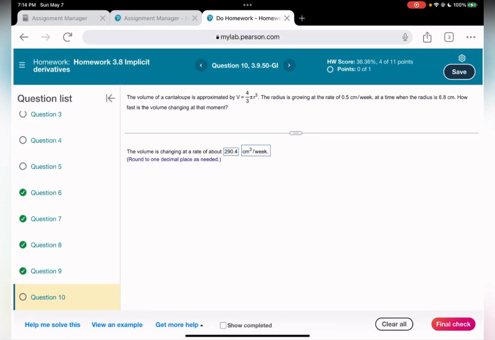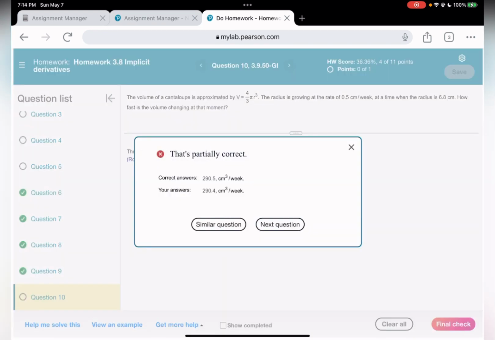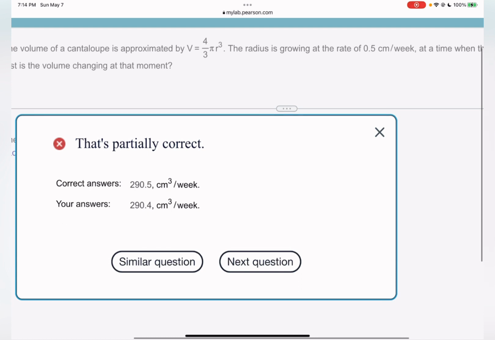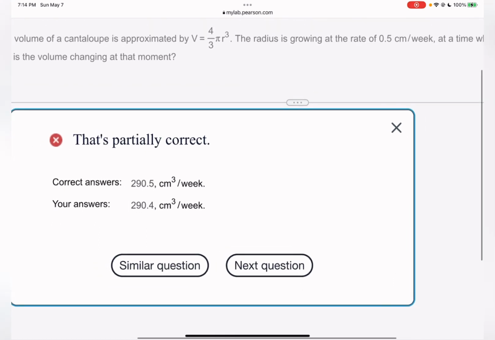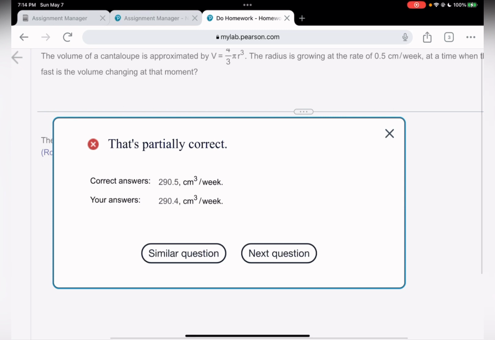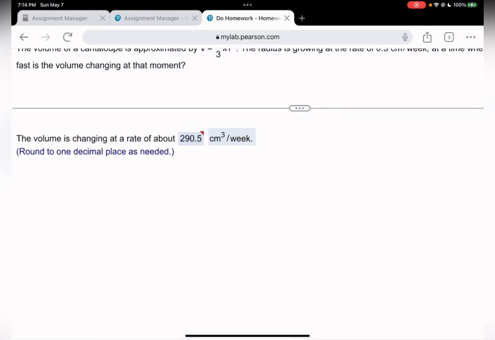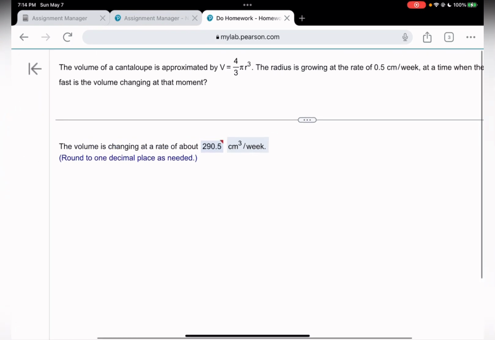I want to see what it is because I'm sure we solved it correctly. 290.5. How did they get 0.5? I did the math, I got 290.4. Anyway, my answer is correct, so you can do the math on your own and be sure.